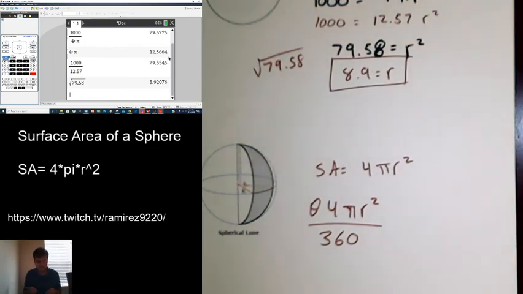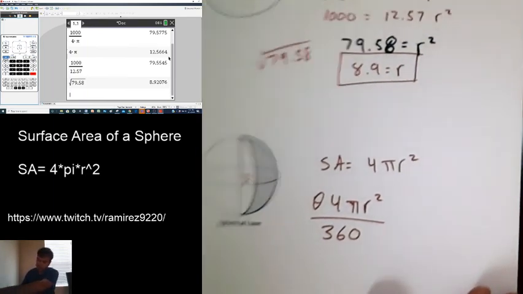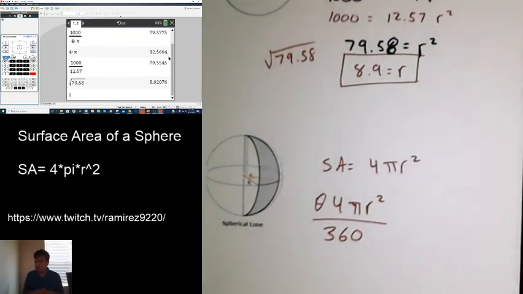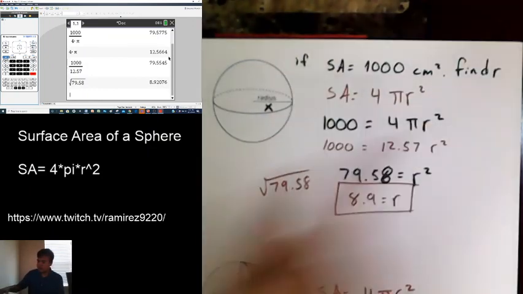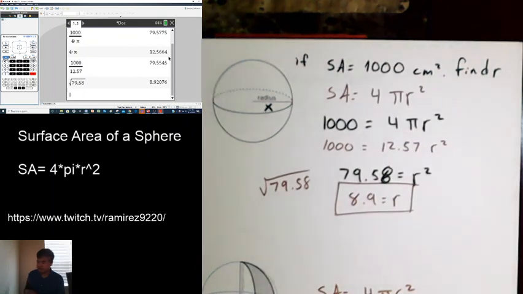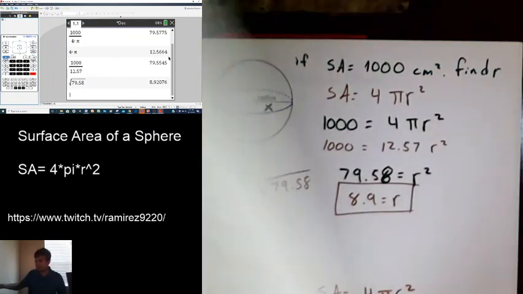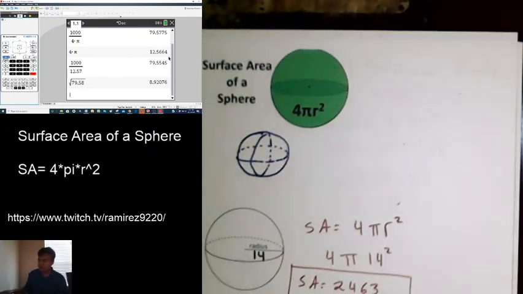Because there's 360 degrees in a circle, in a sphere. And that's pretty much it, guys. Again, odds are you'll never really get to see this, but this is how easy these problems are. Spheres: substitute, work backwards if you have to, but for the most part, just plug in and you're done.